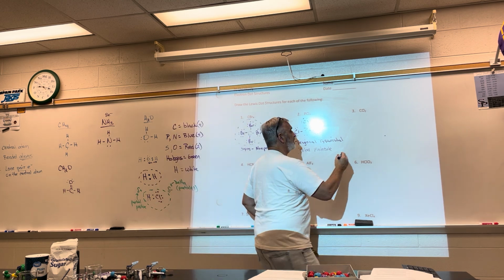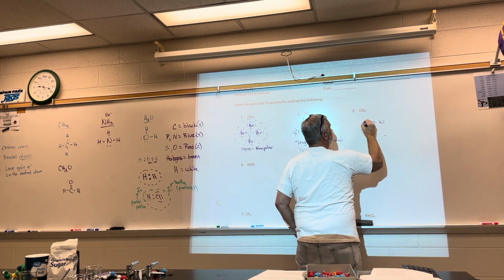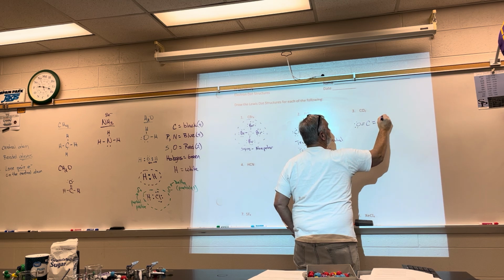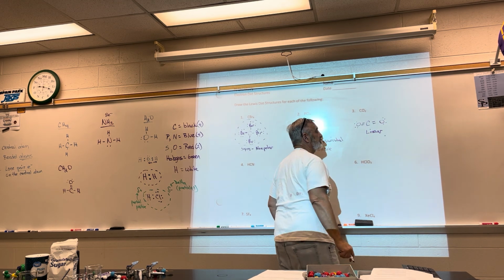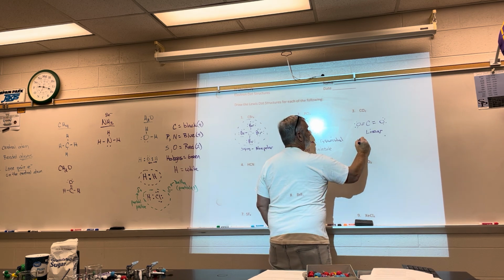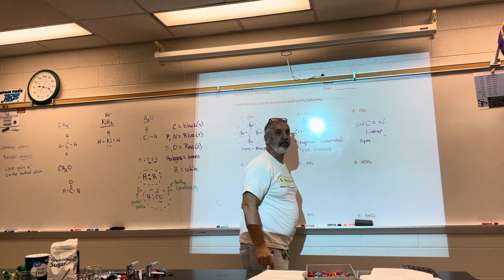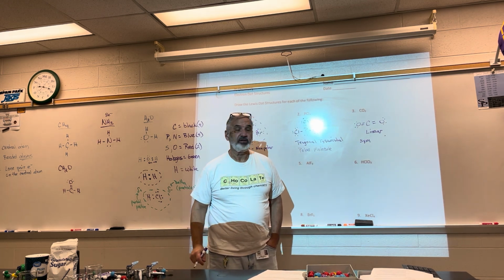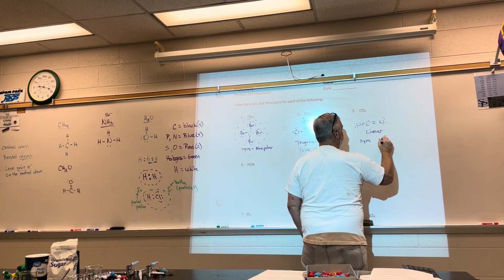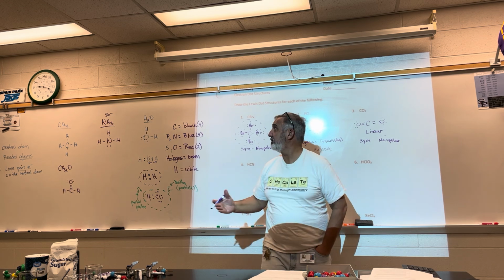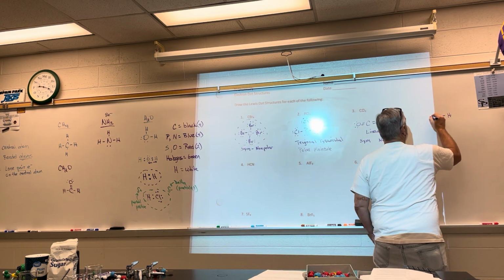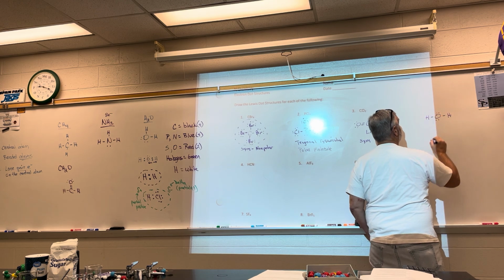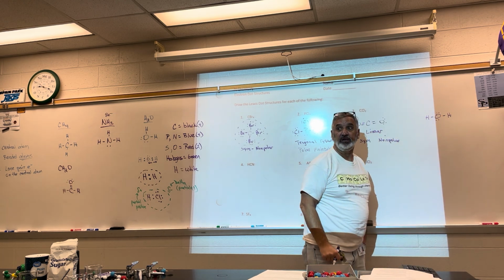So here we go, CO2. We already talked about this one. CO2 looks like this, linear. Is it symmetrical or asymmetrical? So what does that mean in terms of polarity? No poles, nonpolar. Now just to compare, when we look at water, even if I draw water like this, what's the shape of water?